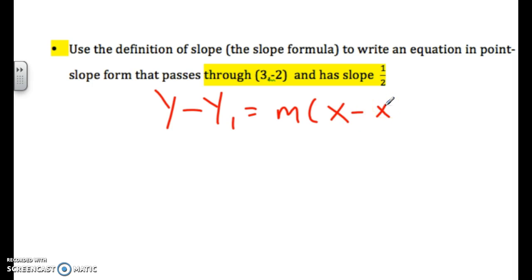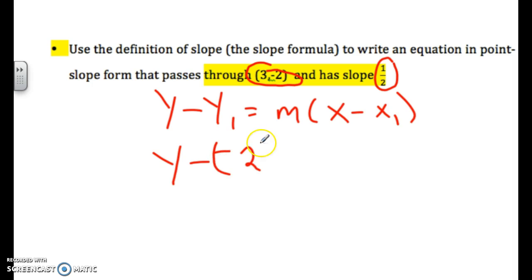So let's use the fact that point slope is y minus y1 equals m times the quantity x minus x1. We're going to write the line that passes through 3, -2 and has a slope of 1/2. Notice we have a point and a slope, hence the point slope formula. So y minus y1 is y minus -2 equals, the slope is 1/2, and when y is -2, x is 3, so I'm going to put 3 in for x sub 1, x minus 3.